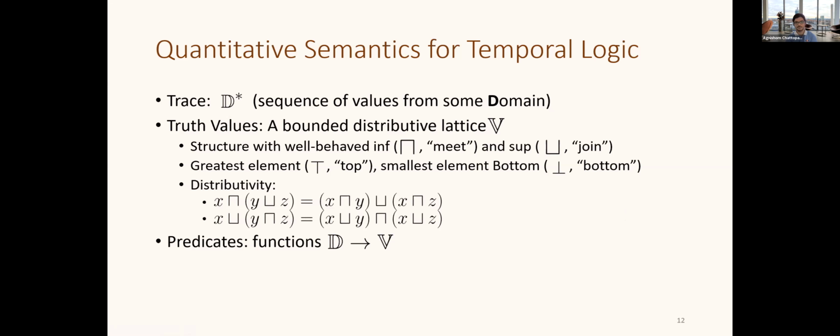We require the lattice to have a greatest element top and the smallest element bottom. And we further want this meet and join operations to distribute over each other. We require a class of functions, which we call the atomic predicates, from this domain to the lattice of truth values.